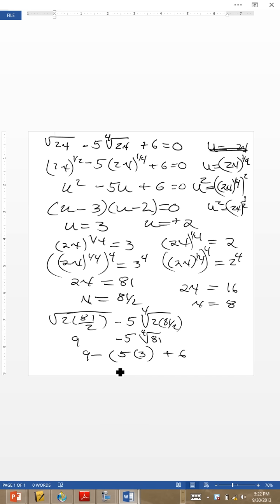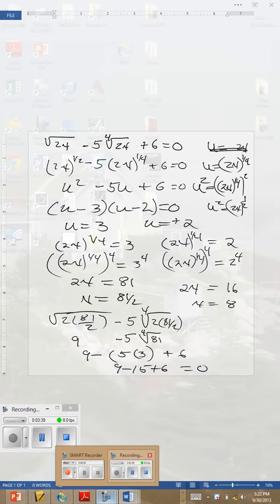So we got 9 minus 15 plus 6, which is equal to 0. So 81/2 seems to be a viable solution. I would suggest that you try the other one as well to see whether or not that is an acceptable solution.